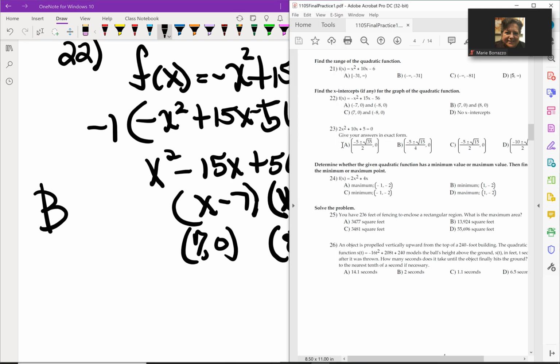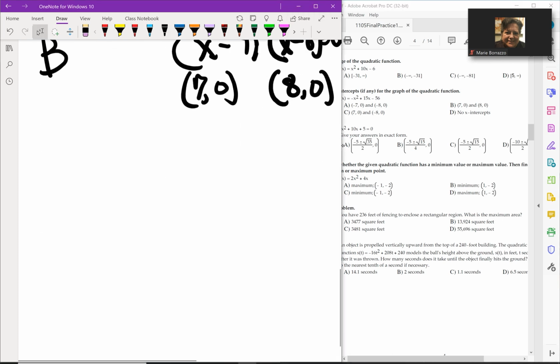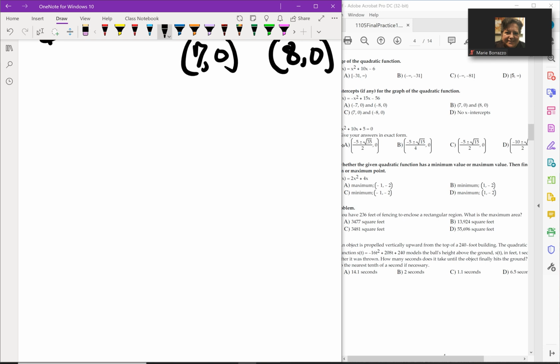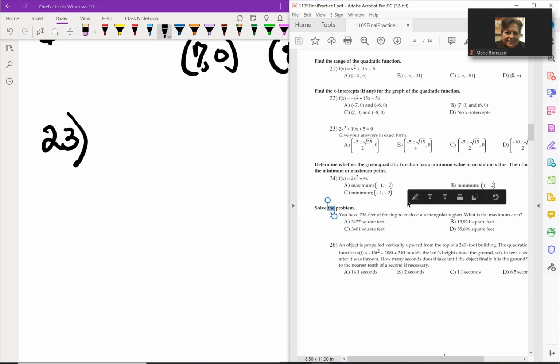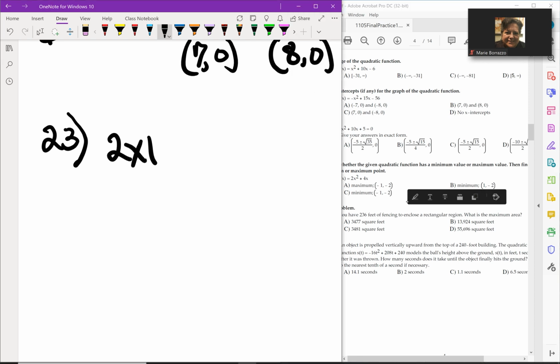All right, let's look at 23. In 23, same question. Now 23 is a little quirky. We have 2x squared plus 10x plus 5 equal to 0.